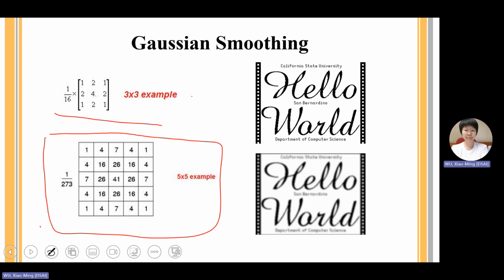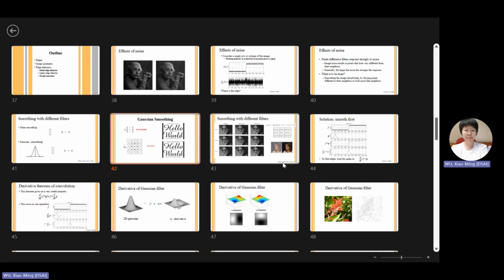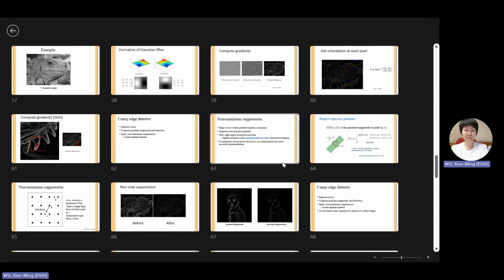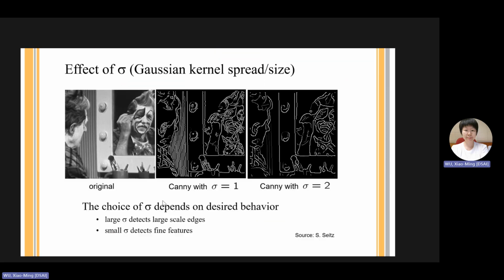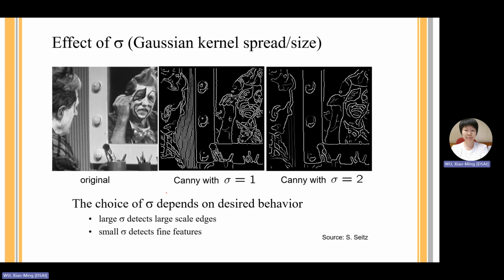Here, theta corresponds to the kernel size. If you apply a larger kernel on the image, the resulting effect corresponds to larger filters.